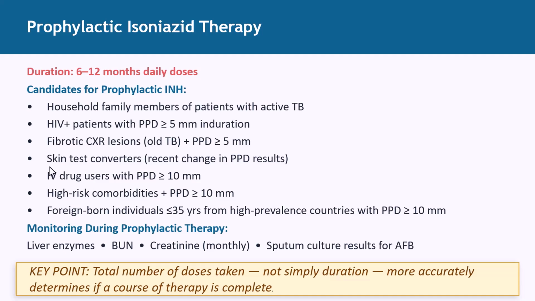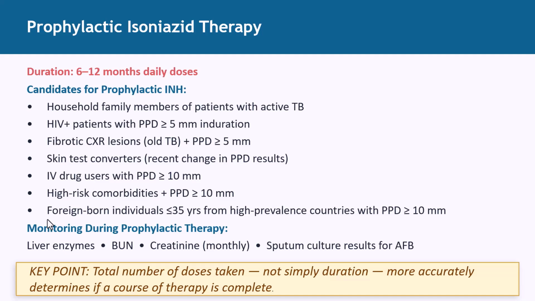Skin test converters, patients whose PPD was previously negative and has now turned positive, suggesting recent infection. IV drug users with a PPD of 10 millimeters or more, patients with high-risk comorbidities and a PPD of 10 millimeters or more.